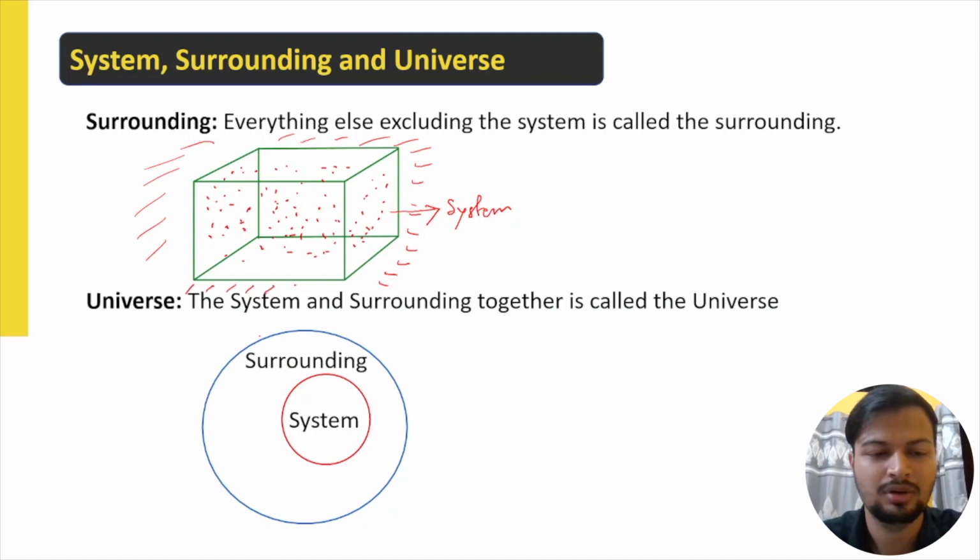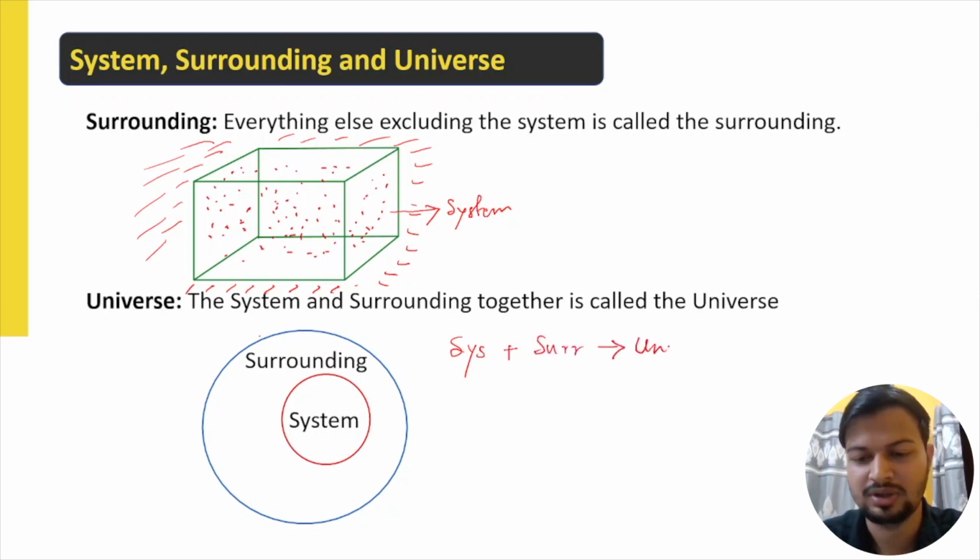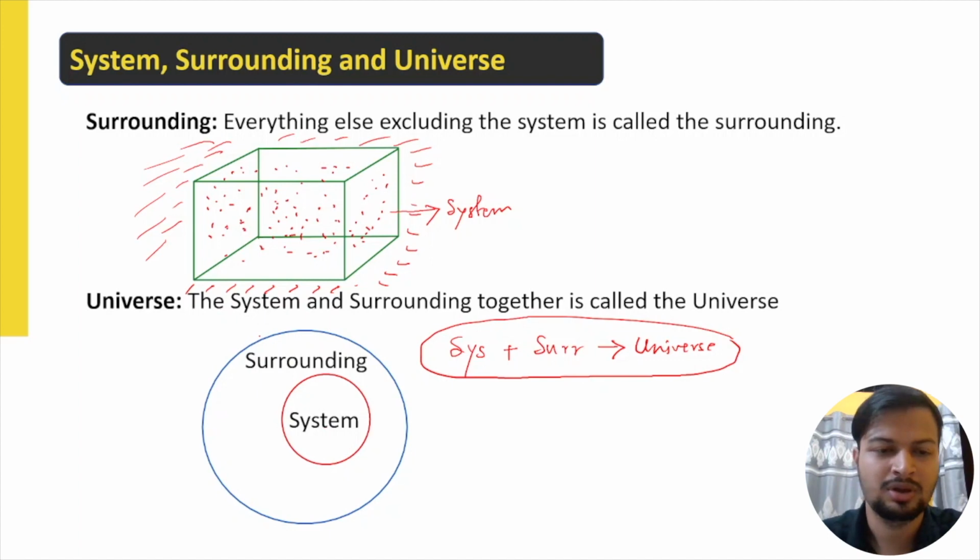And what is the universe? System plus surrounding will give us the universe. This box is our system, and this plus whatever is around this box will make up the universe.